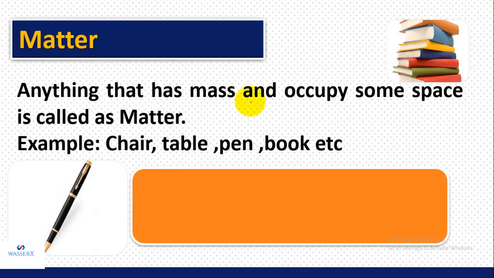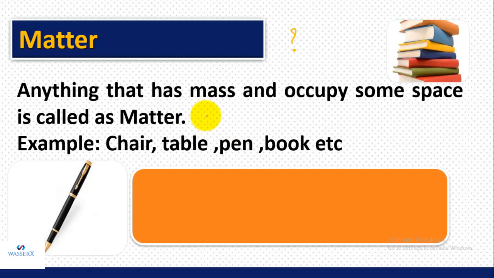Now, the first thing which we are going to study in this video is: what is matter? As you all know, we are surrounded by so many things. Like if I am recording a lecture, I have a board with me, I have a pen with me, I have a chair, I have a table. So these substances are regarded as matter.